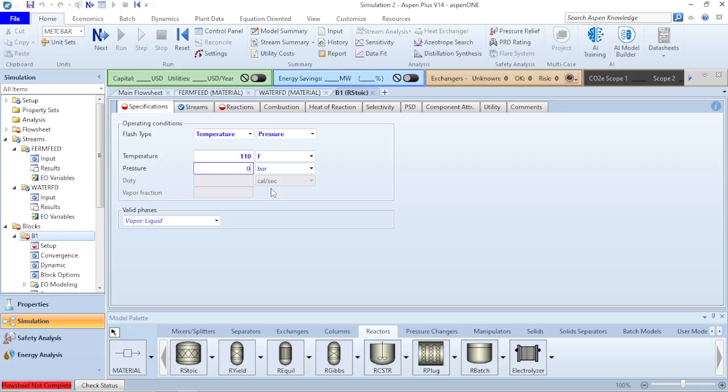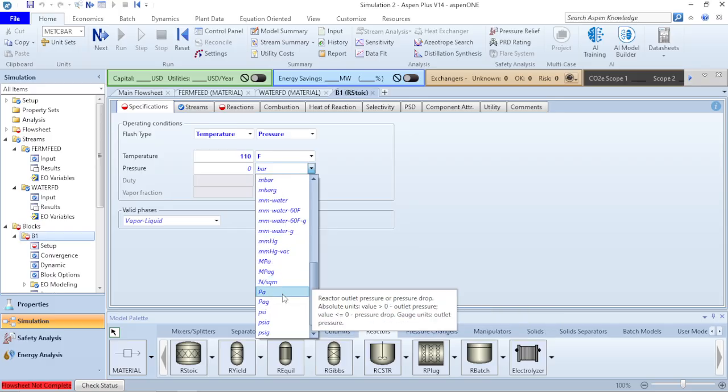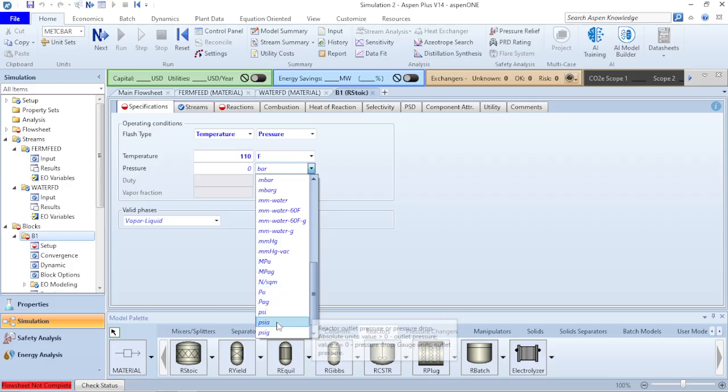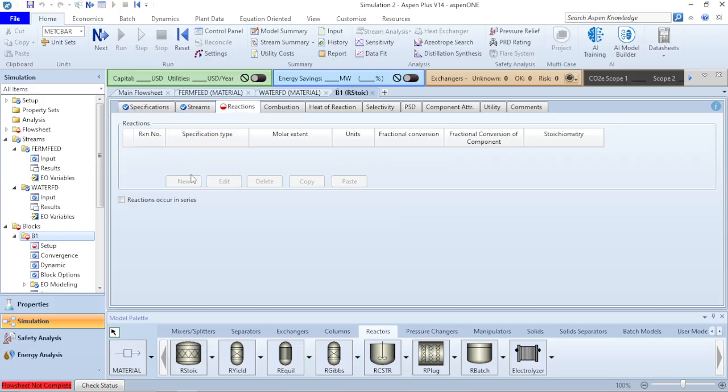So that means no pressure drop. That's what it implies, no pressure drop. So basically, it's still the same pressure from the feed that is coming in here. So no pressure drop. Now let's go to reaction.